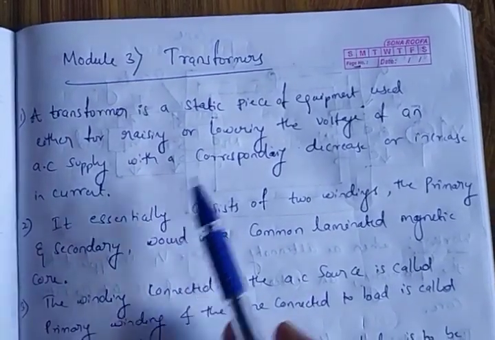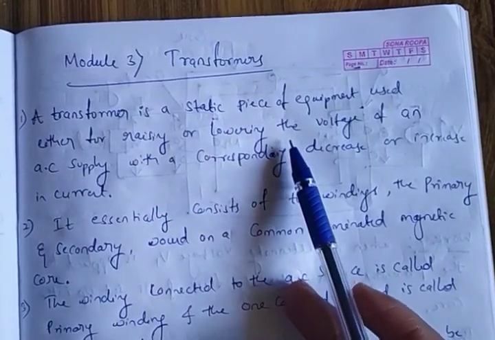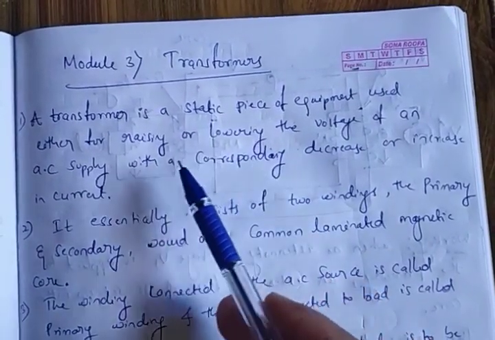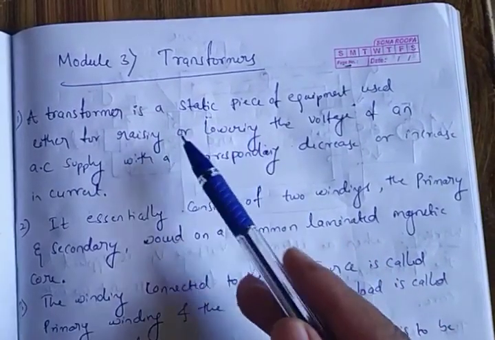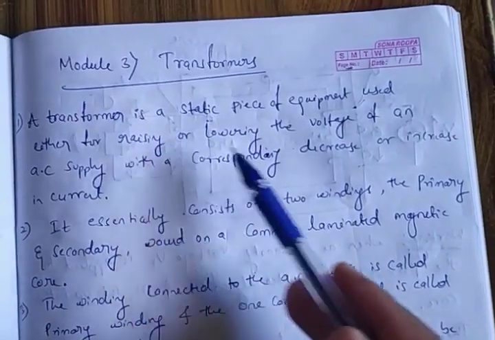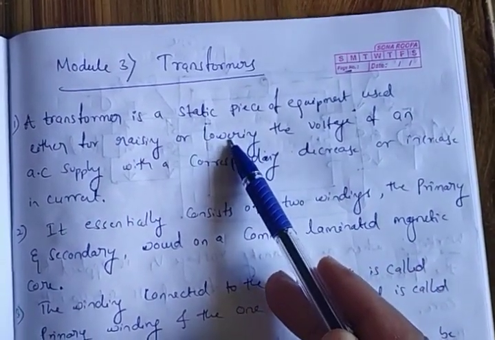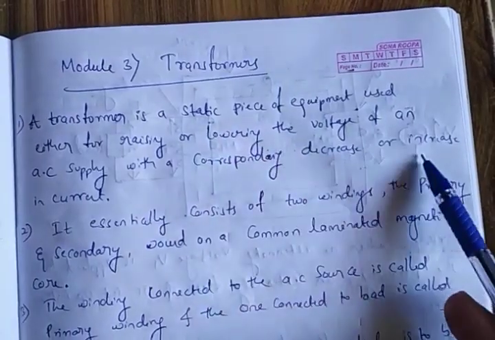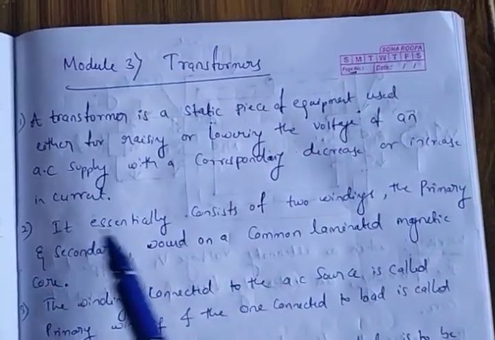That means we can use this device to increase or decrease the voltage as per the requirement. Whenever we raise the voltage there will be a decrease in current, and whenever we lower the voltage there will be an increase in current, vice versa, without change in frequency.